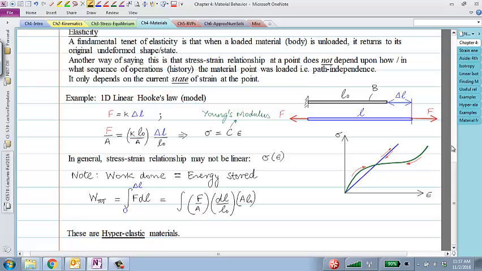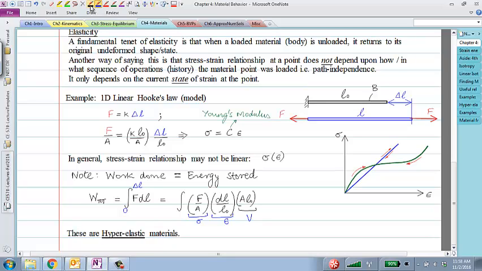So that is the volume of the body, this is the strain at a particular level of deformation, and this is the stress at the same corresponding level of deformation.